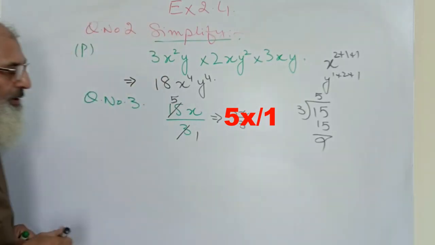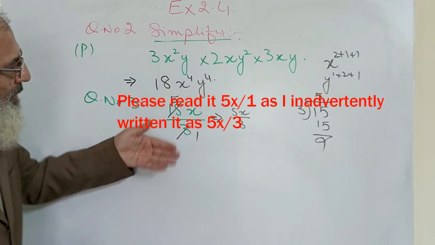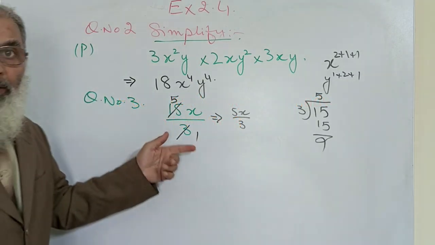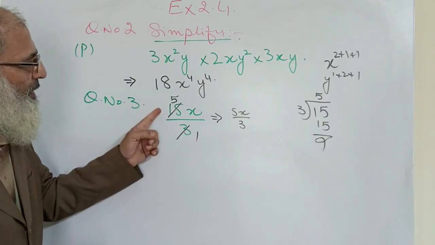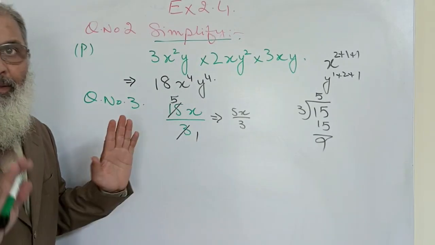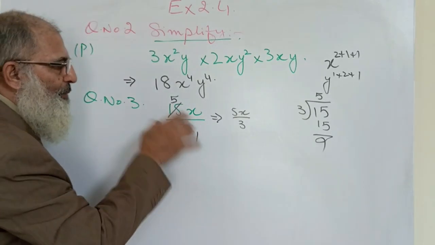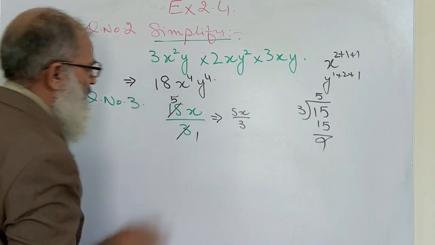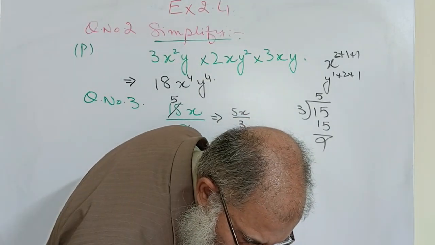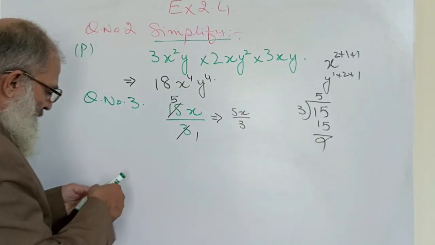You can also write 1 over here, but in general practice you don't have to write this 1. To practice the cancellation you may write it, but in general practice you cannot write it over here.